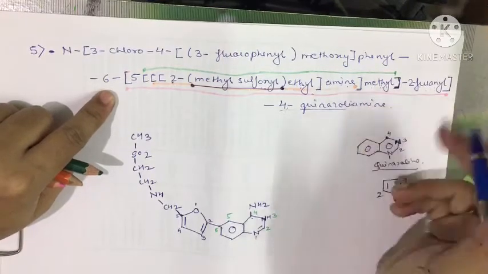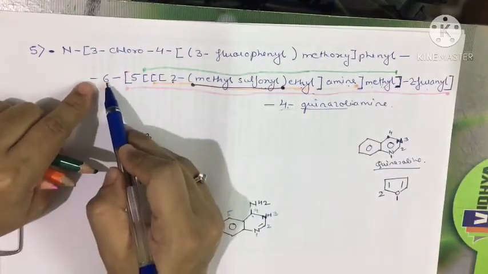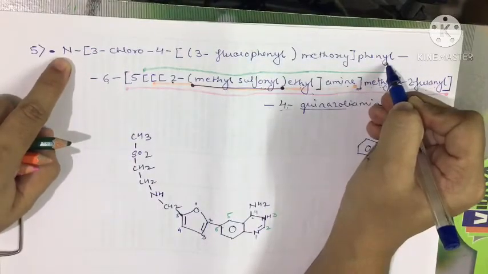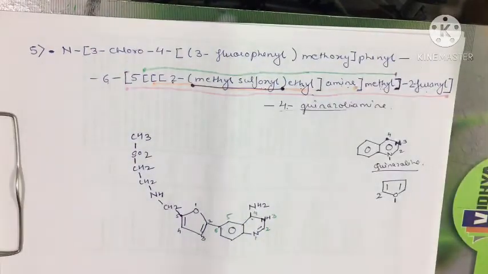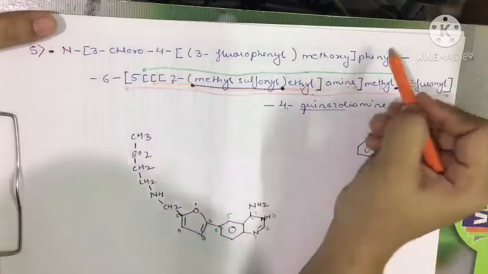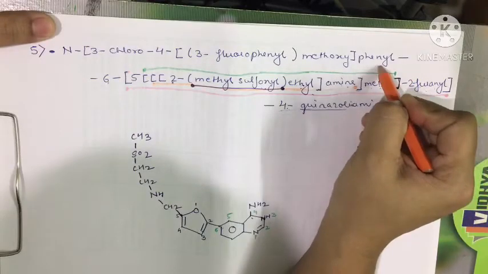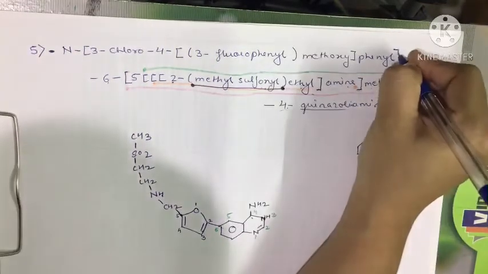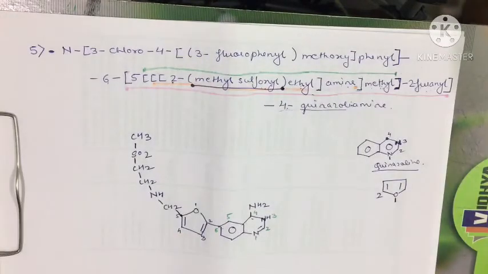Now this sixth position, again we are left with this part of the structure. So let us start. This 6 is having phenyl group here. I forgot to make one more bracket.